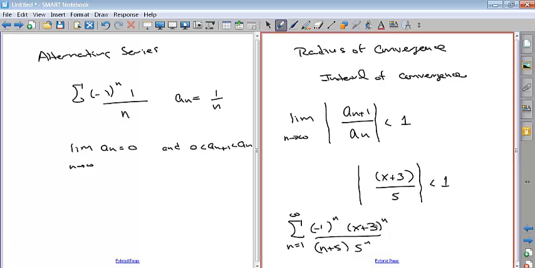So you end up with these two terms. And a sub n plus 1, you have n plus 1 here, so when you take x plus 3 to the n plus 1 divided by x plus 3 to the n, you get x plus 3. Likewise here, you'd have 5 to the n plus 1 in the denominator and 5 to the n in the numerator, and it simplifies down to that.